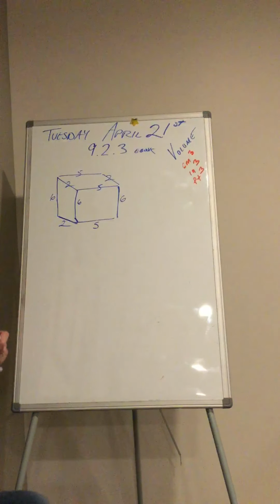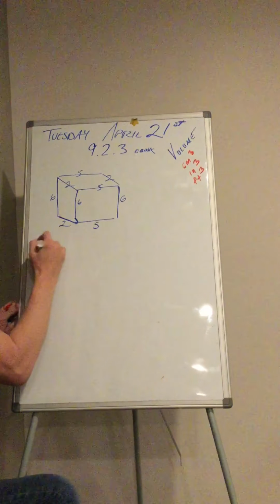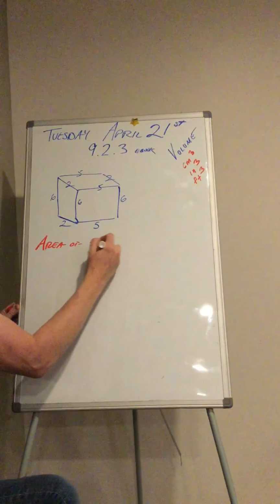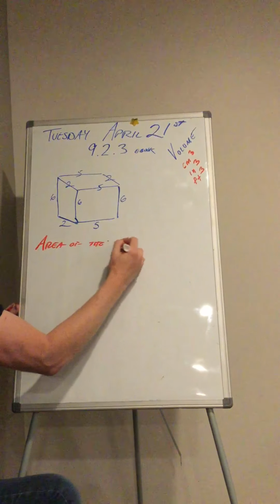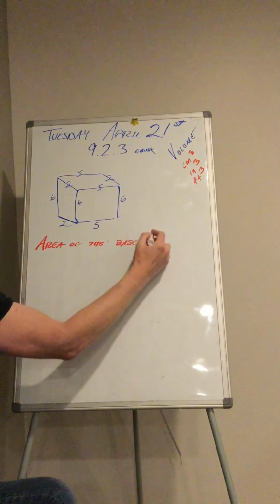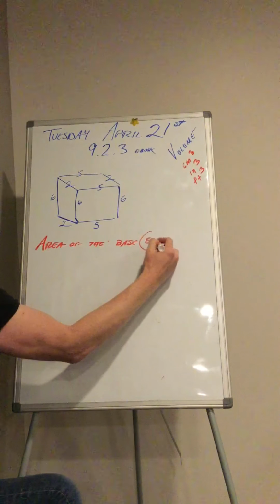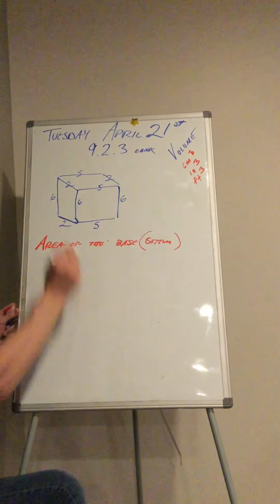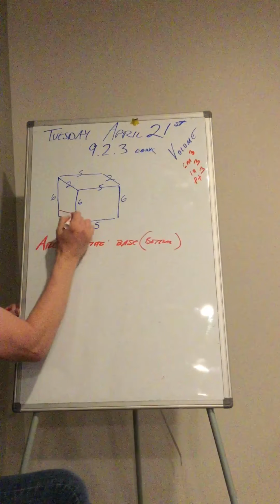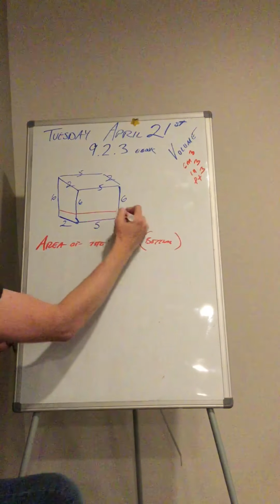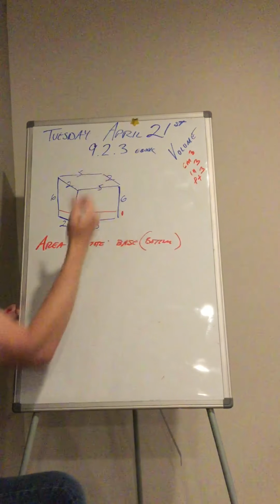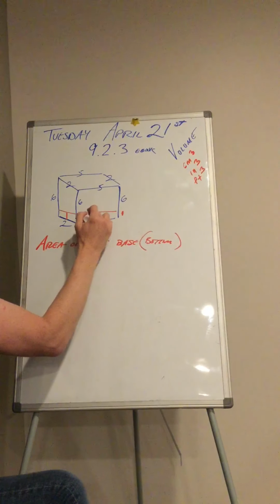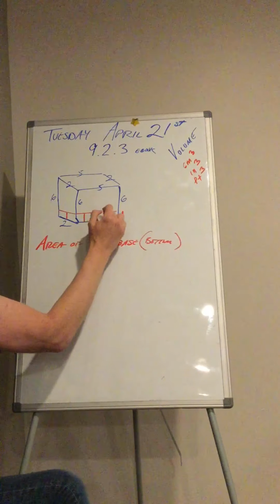Okay, so first thing you find is the area of the base. And the base would be the bottom. So that would be a 2 by 5. So if this was a height of 1, we'll draw a little unit cubes to help you out. 1, 2, 3, 4.